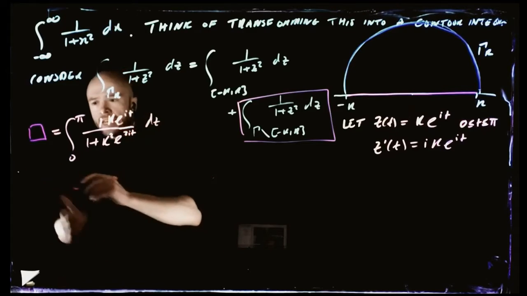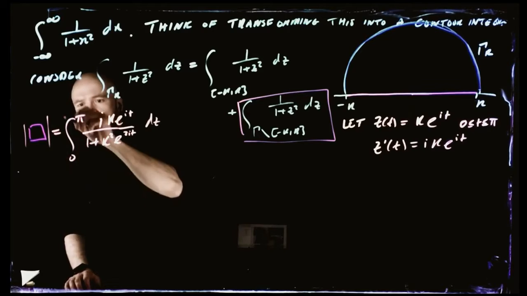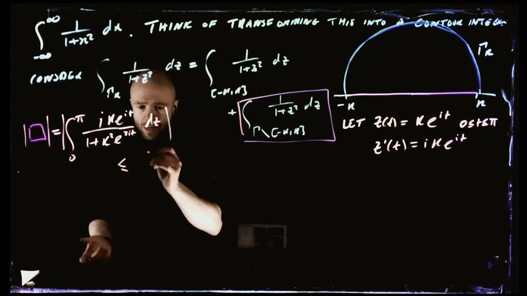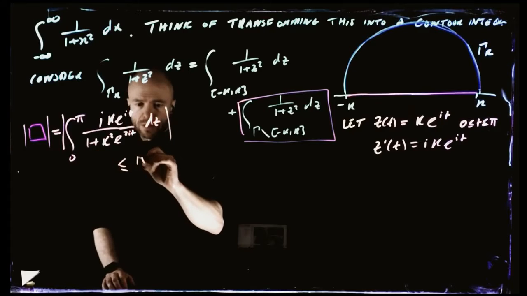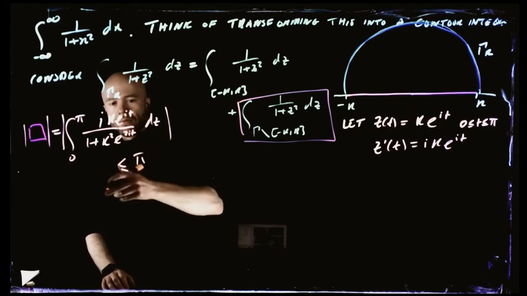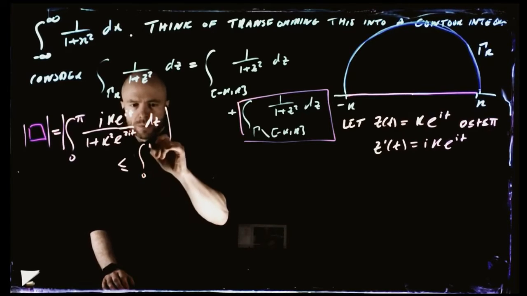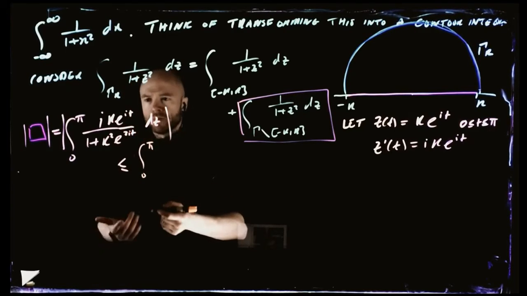So we can take the absolute value signs, and then this thing is less than the integral from 0 to pi, where we put the absolute value signs throughout this.